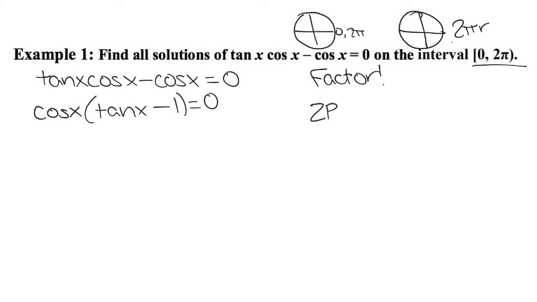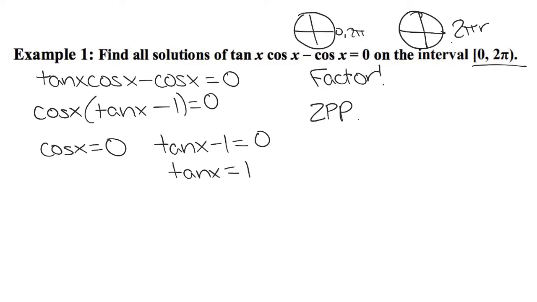From there, we're going to use the zero product property. Set each factor equal to 0. So cosine x equals 0, and tan x minus 1 equals 0, which means that tan x equals 1. Now I need to go into my unit circle and find where cosine has a value of 0 and where tangent has a value of 1.